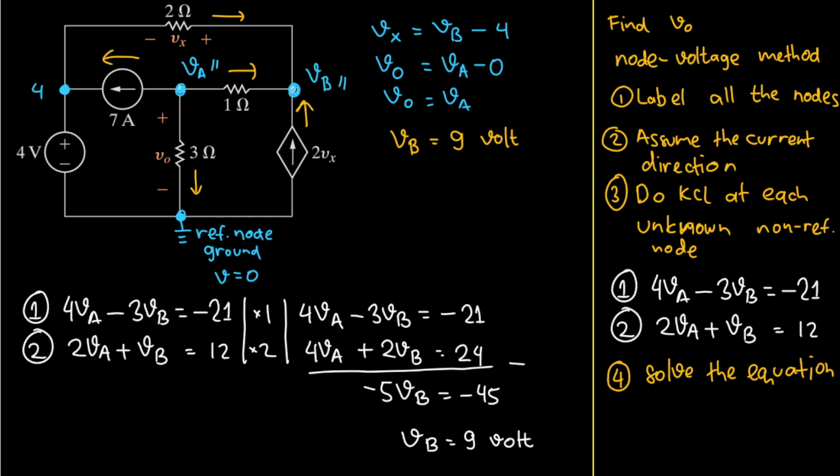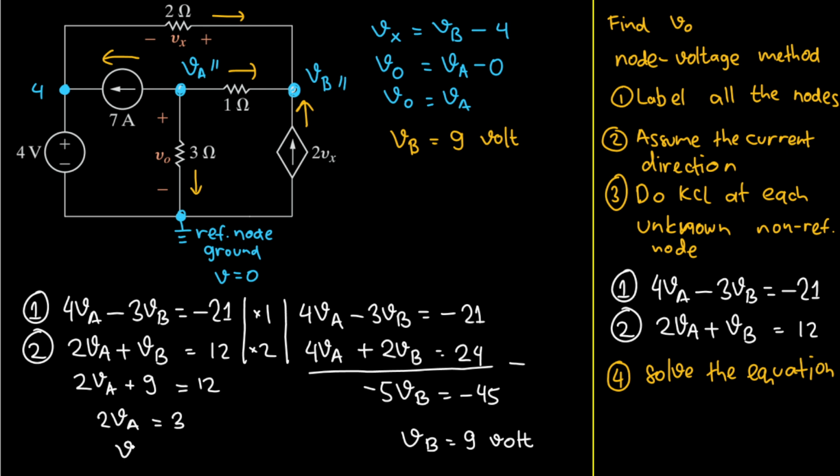Okay, but then from VB we can find VA by substituting VB into equation number 2. So we know that 2VA plus VB, but VB is 9, so I will have 9 here, equal to 12. Okay, we can subtract 9 from both sides, so we'll have 2VA is equal to 3, right?